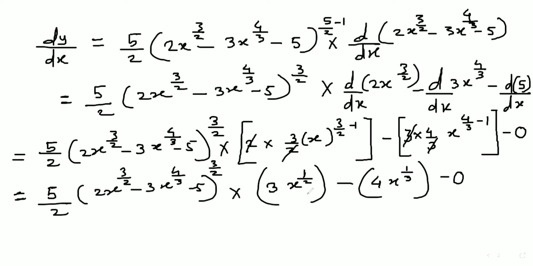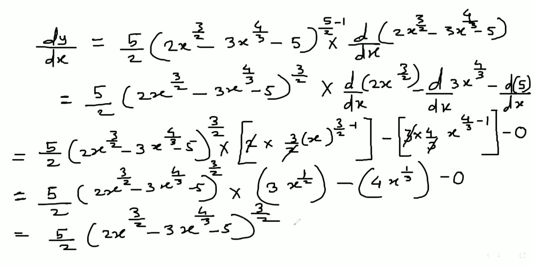And now in the last step we will write equals to the actual values: 5 upon 2, 2x raised to 3 upon 2 minus 3x raised to 4 upon 3 minus 5 raised to 3 by 2 into, you know, x raised to half means root of x, so we can write 3 root x minus 4 x raised to 1 upon 3, which means cube root of x, so we write the cube root of x.